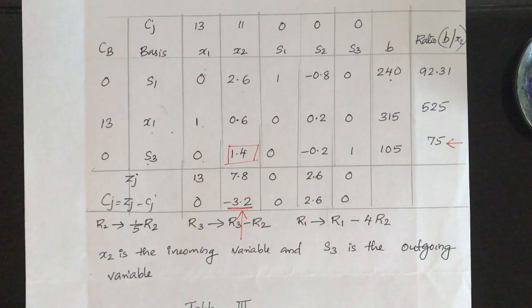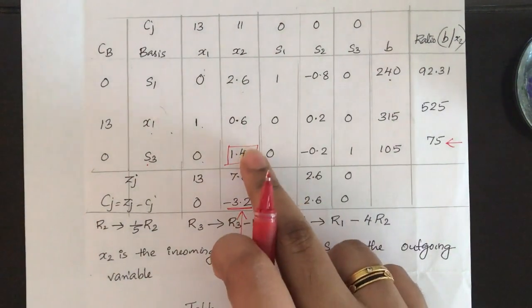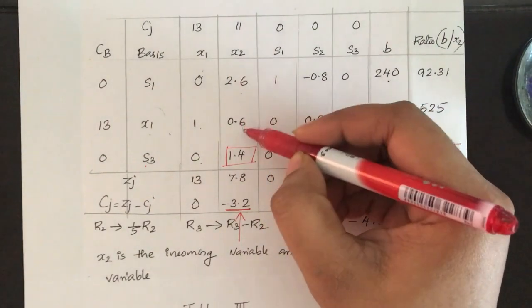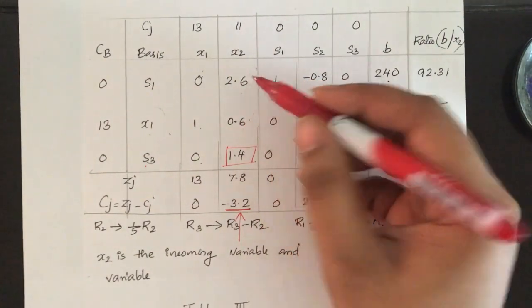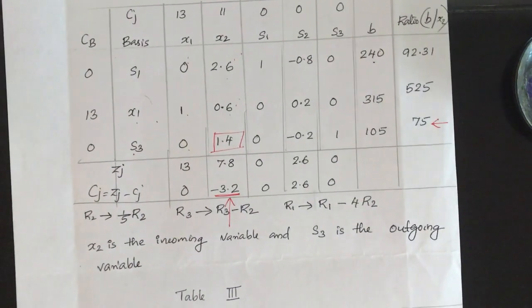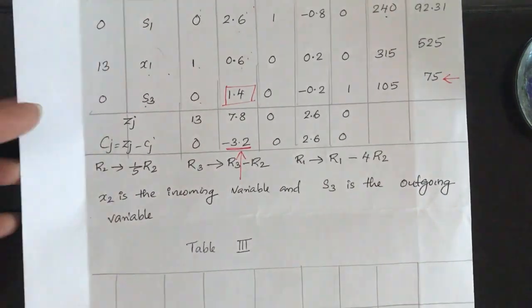In the next table this should be 1 and all other elements in that column, these two, should be 0. So we are going for the next table, simplex table 3.